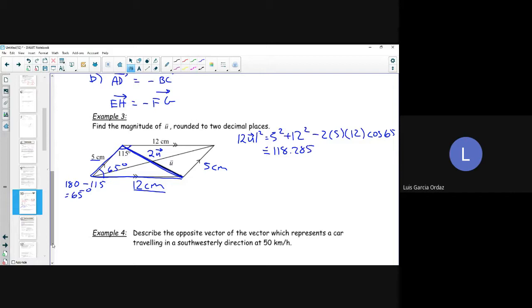So once I square root that, I get the magnitude of 2u is equal to 10.58759. But because I want just the magnitude of u, I need to divide both sides by 2. Which means that my magnitude of u is going to give me approximately 5.44 centimeters.